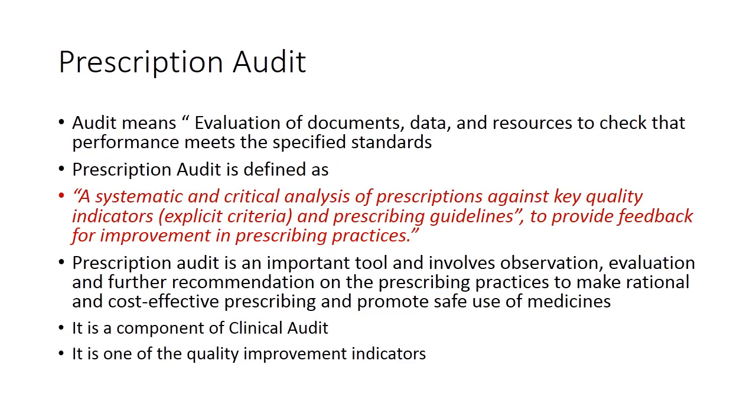Now, by audit we mean evaluation of documents, data and resources to check that performance meets the specific standards. Therefore, with this audit definition, prescription audit can be defined as a systematic and critical analysis of prescriptions against key quality indicators and prescribing guidelines to provide feedback for improvement in prescribing practices.